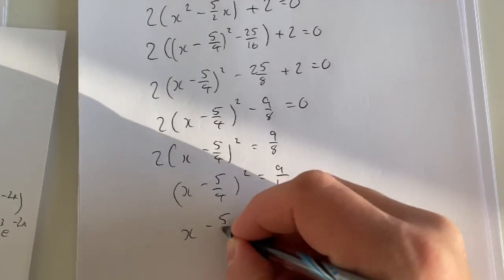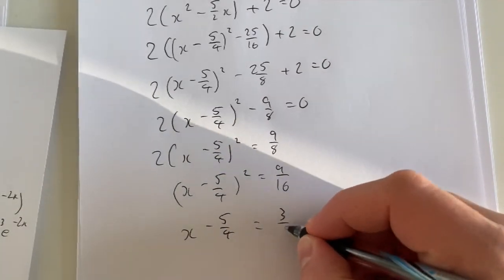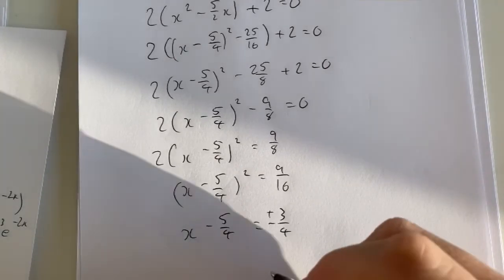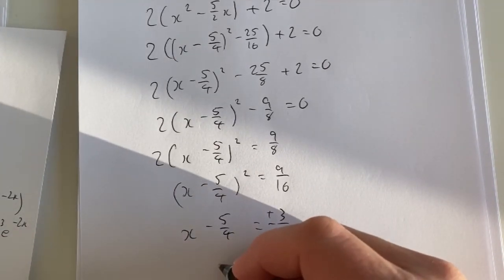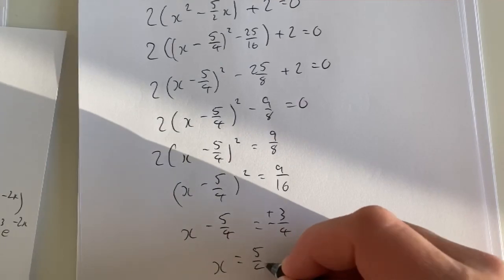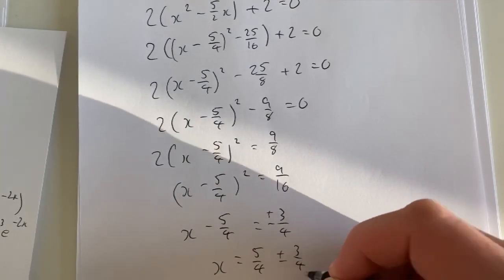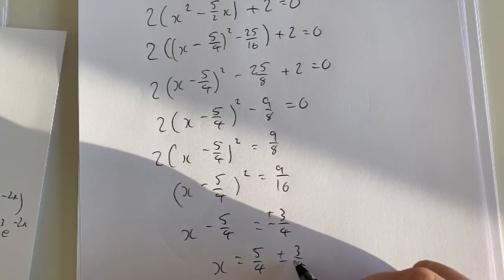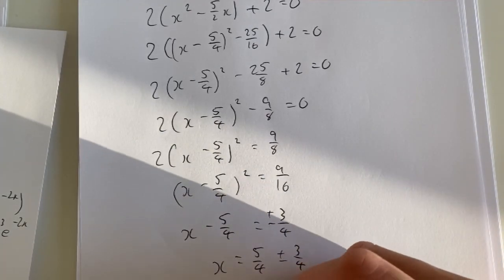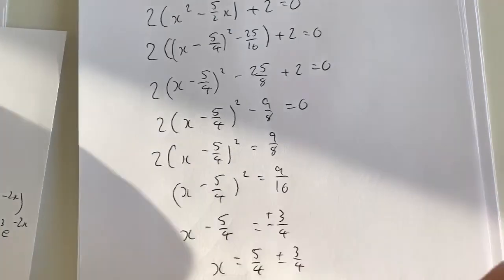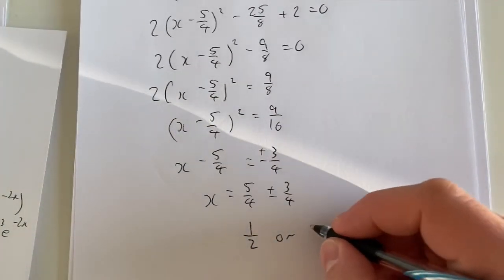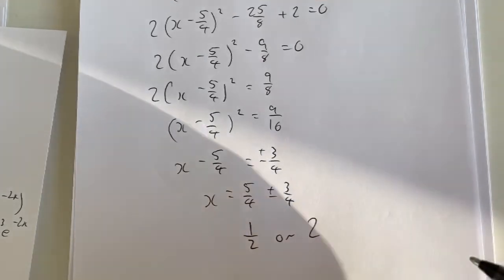So if you square root both sides, you have plus or minus 3/4. So if we do 5/4 plus or minus 3/4, you have two options. 5/4 minus 3/4 would be positive 1/2, and 5/4 add 3/4 would be 8/4, which is 2.